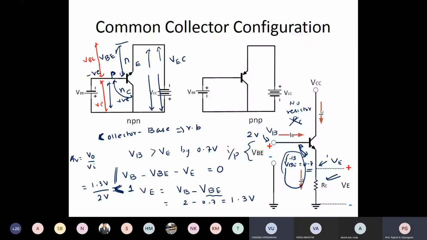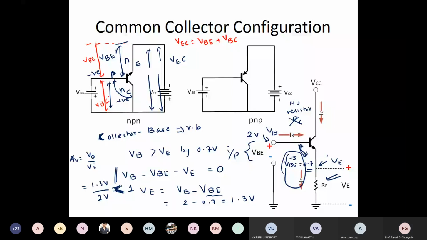Okay. So if you look here carefully, you get the equation VEC is nothing but VBE plus VBC. Do you understand this? The voltage across collector and emitter is actually divided into VBE and VBC.